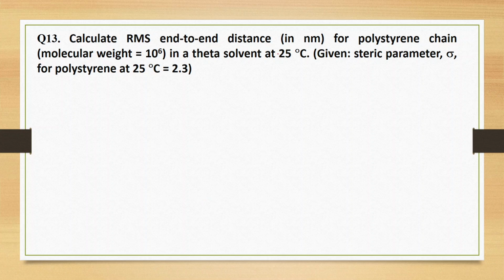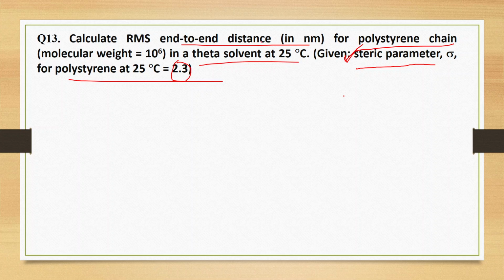It has asked us to calculate the RMS end-to-end distance for a polystyrene chain in a theta solvent at 25 degrees centigrade. What values are given? The steric parameter for polystyrene at 25 degrees centigrade is 2.3. So now you know, once the steric parameter is given, you have to consider the RMS end-to-end distance formula where steric parameters are involved.